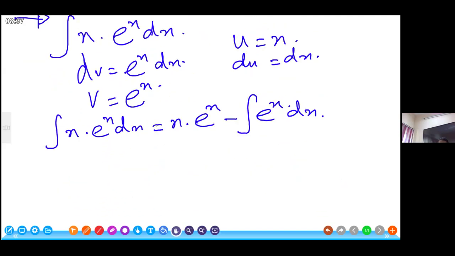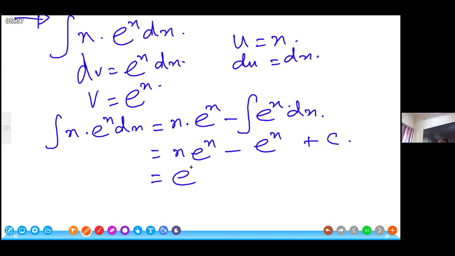So that is equal to x into e to the power x minus e to the power x plus c. So that is equal to e to the power x, taking out from the bracket, (x minus 1) plus c. Any questions?